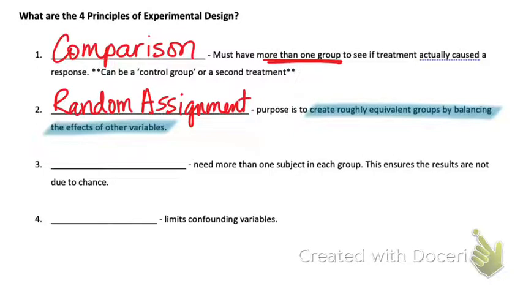It is to create roughly equivalent groups by balancing the effects of other variables. If I do random assignment, then I am probably going to get a little bit of the super smart kids in each group.